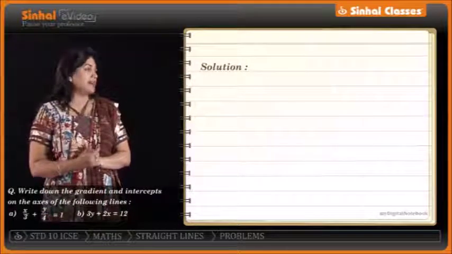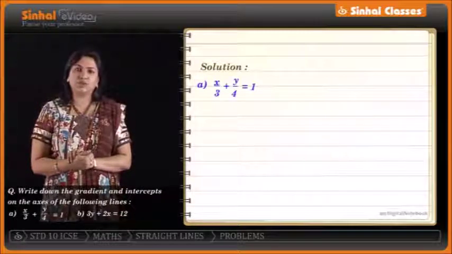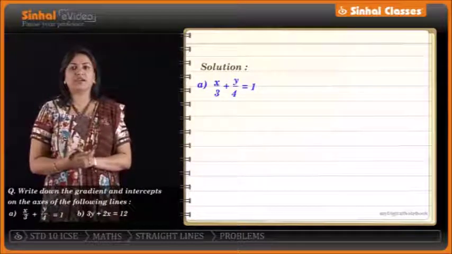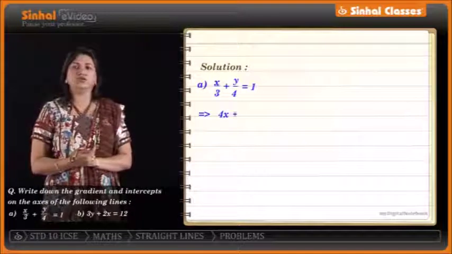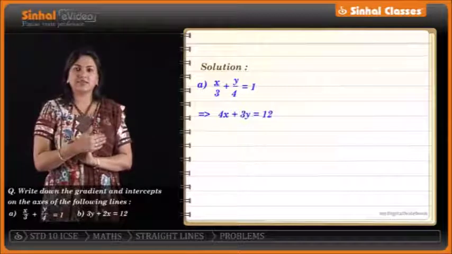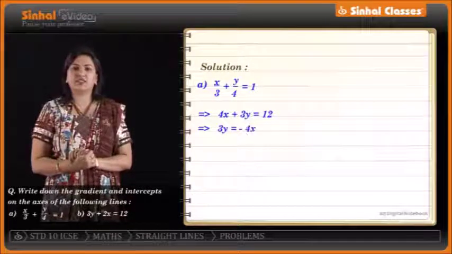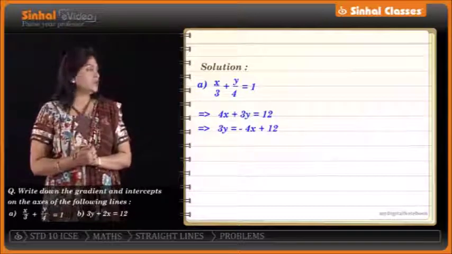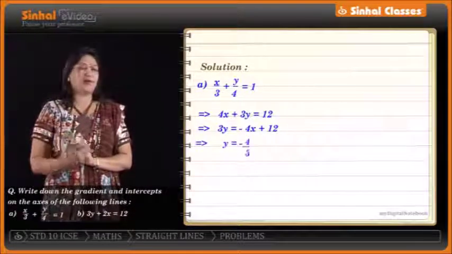First take the LCM, we have 12. So the equation becomes 4x plus 3y is equal to 12. That is, 3y is equal to minus 4x plus 12. So y is equal to minus 4 by 3 of x plus 12 upon 3.